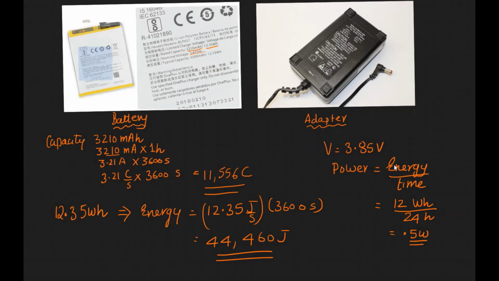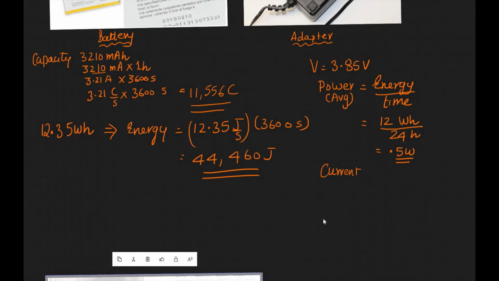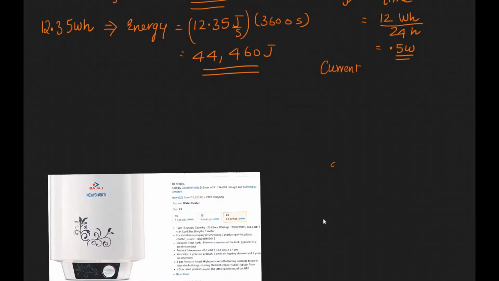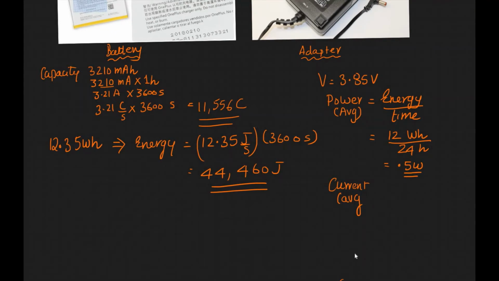Once you know the average power, you can find the average current. Your average current would be equal to the average power divided by the voltage.